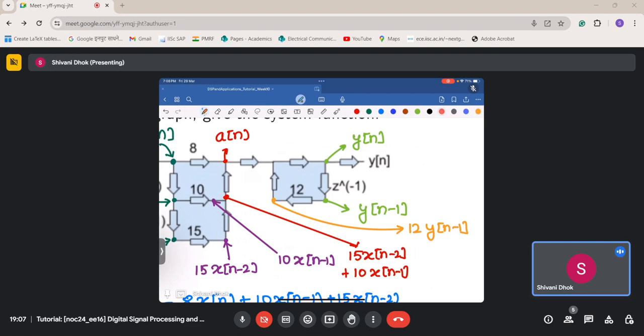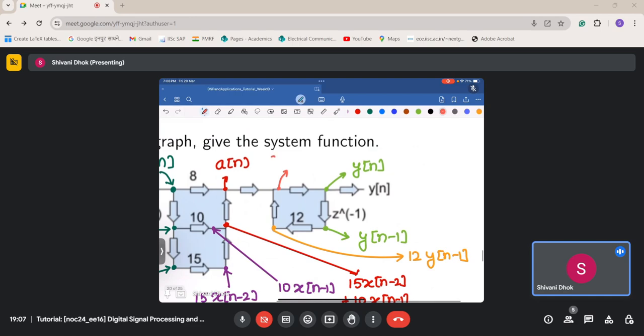At this location, a of n is getting added with 12 times y of n minus 1. So here we'll have a of n plus 12 times y of n minus 1. If you observe, this is just getting passed to y of n, which means that y of n is equal to a of n plus 12 times y of n minus 1.